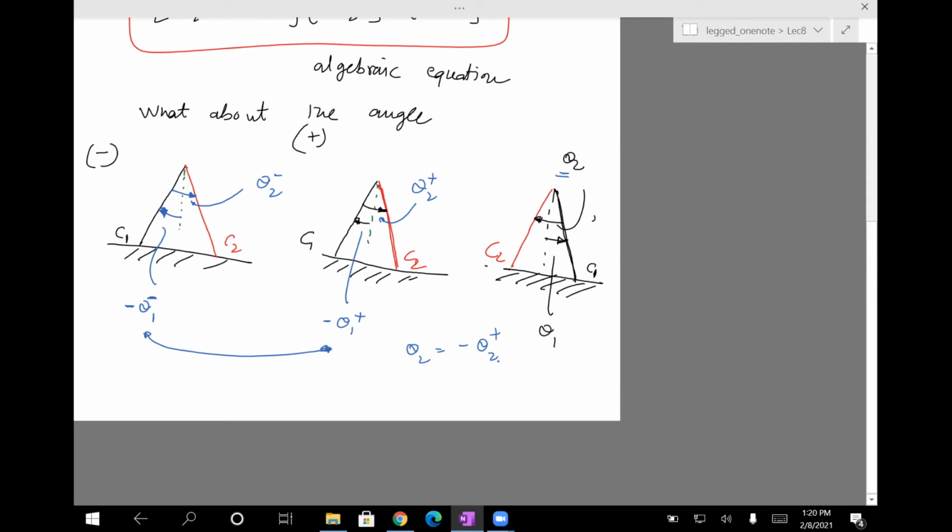And that's because if you look at the way this arrow is, it's pointing clockwise, and this arrow is pointing counterclockwise. So we need to switch the theta 2. Similarly, if you want to find the velocity, you'll have to switch the velocity. So omega 2 is minus omega 2 positive. So that's one set of equations. Okay, let me delete this for a second.